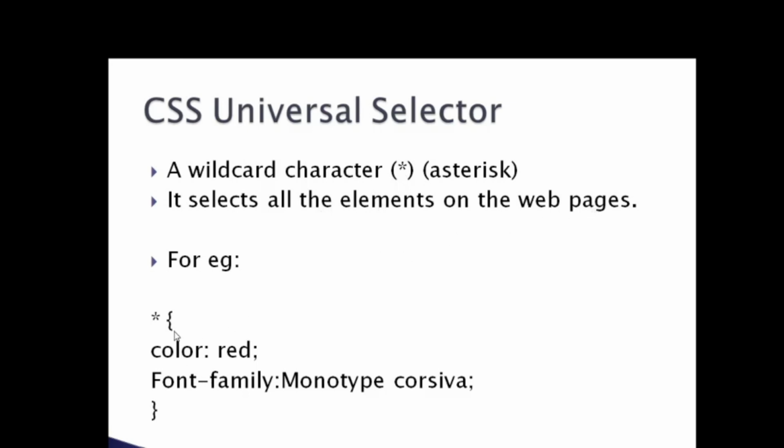For example, this is a style defined using the universal selector asterisk, and the properties are a color which is red, and the font family is monotype cursive. So whatever elements are present on the web page, it will select all the elements and apply this style rule to those elements. Let us see the example.